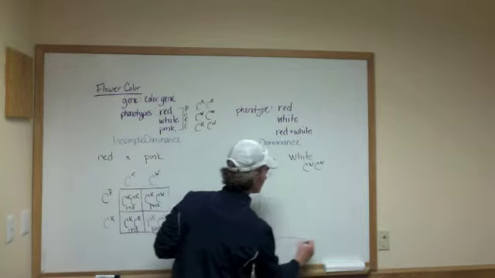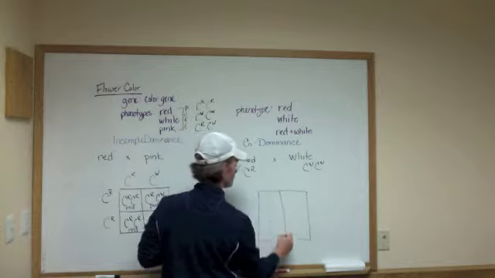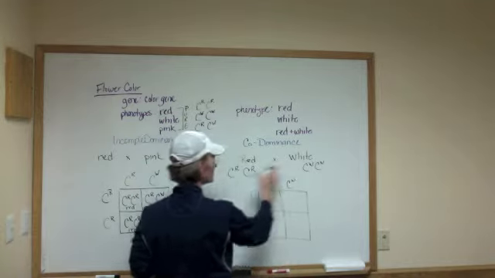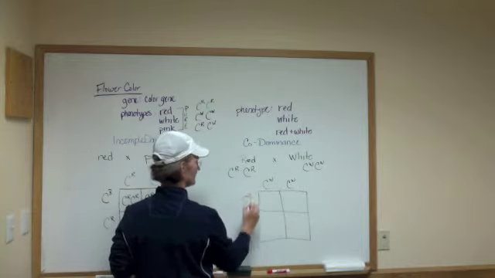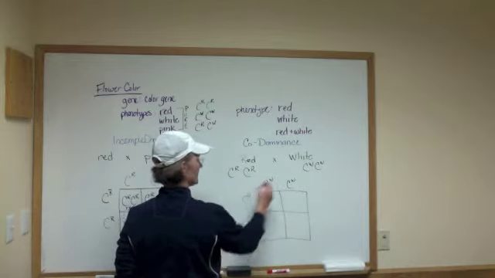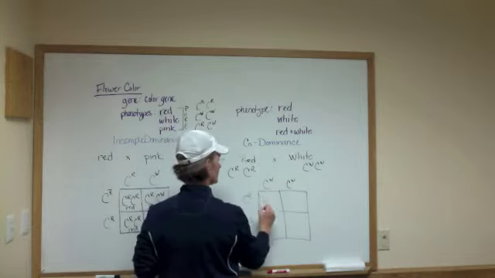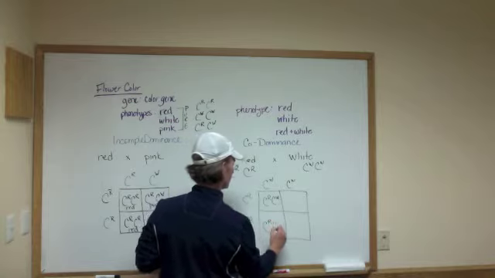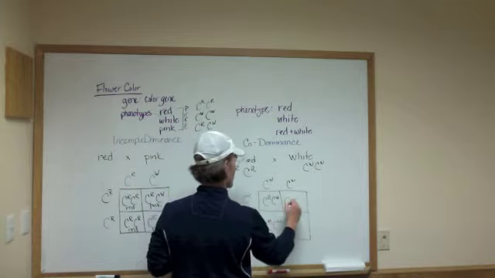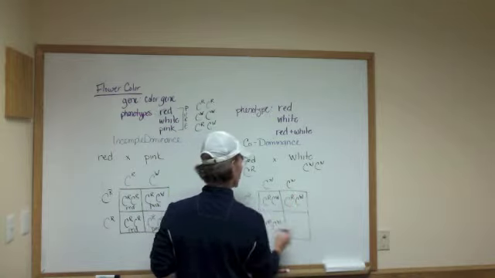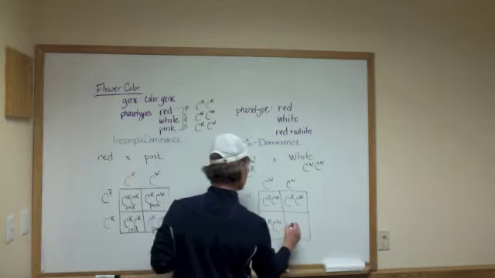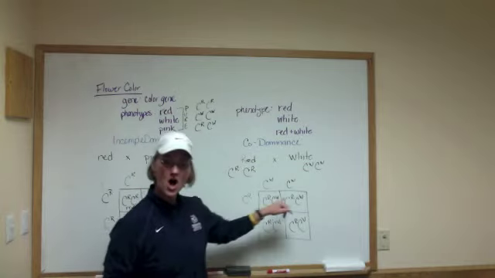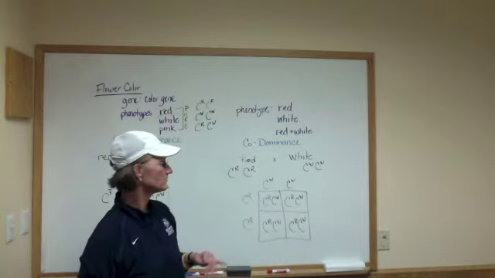If I create a Punnett square, it doesn't matter which one goes on which side, and then I represent a cross of the alleles, well, I start to see something interesting happening here. They all contain the same combination. What are all four of these offspring going to look like? Red and white.